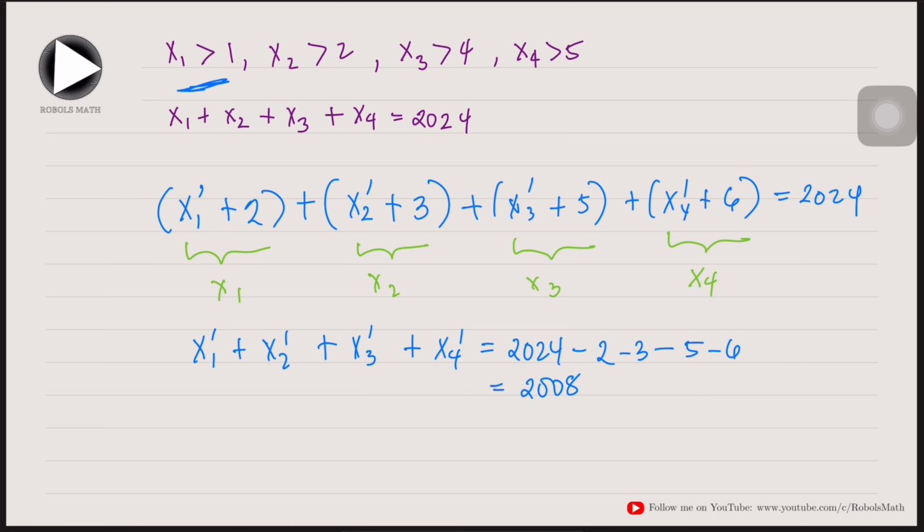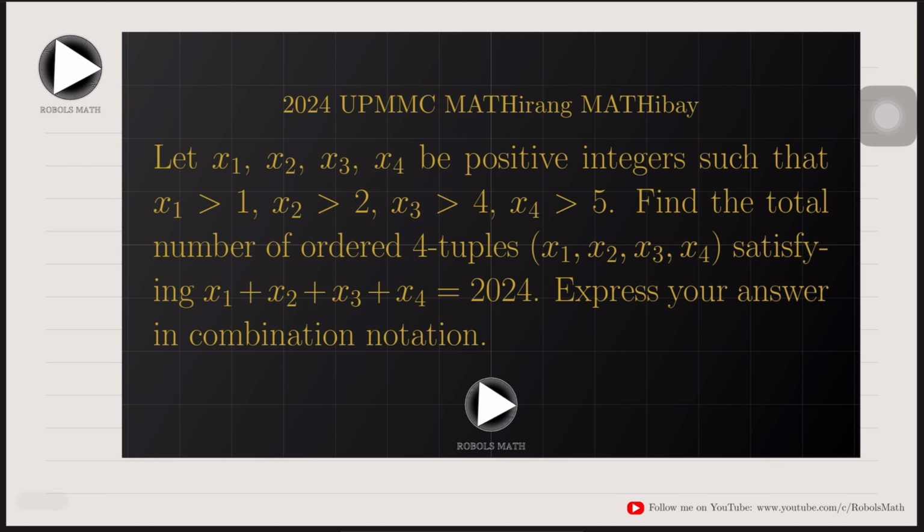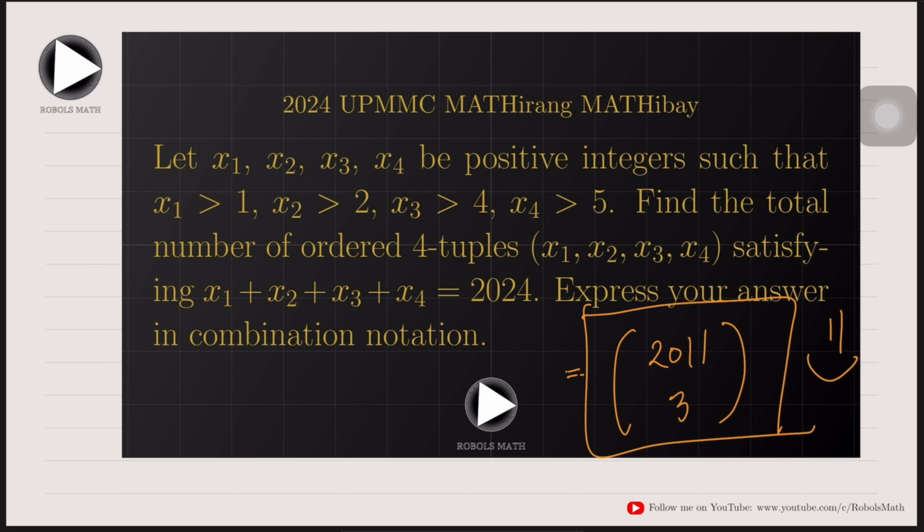By the method of stars and bars, we have 2008 stars, and then we have 4 variables, so we need 3 bars. So this would be 2008 plus 3, taken 3. We simplify this, we get 2011 taken 3. Therefore, the number of solutions that we're looking for here is equal to 2011 taken 3. And that's our final answer.